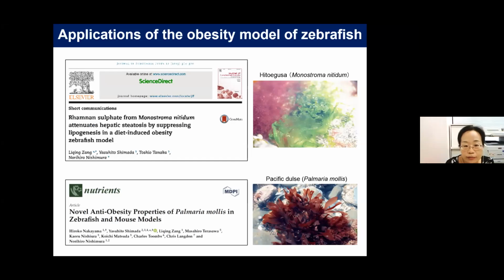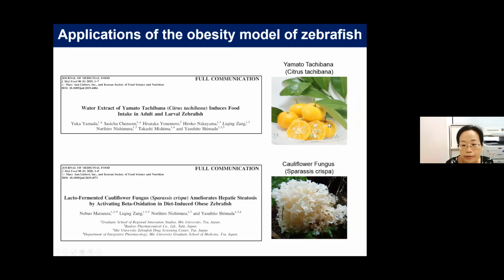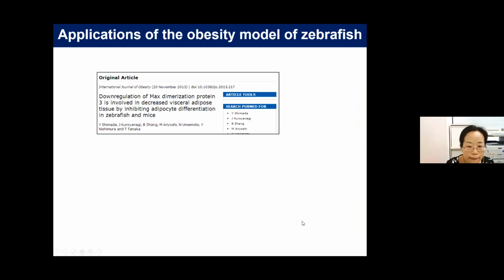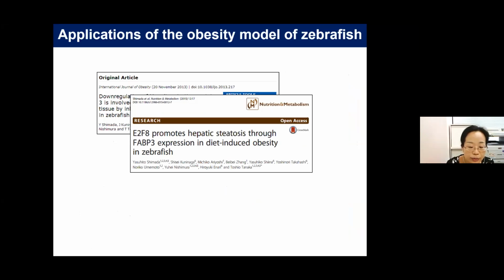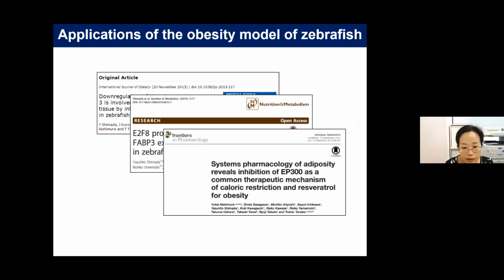And the cereals, the green cereals and the brown cereals. And one of the citrus fruits originating in Japan, and the cauliflower fungus. We also identified several molecular targets related to adiposity using this obesity model.